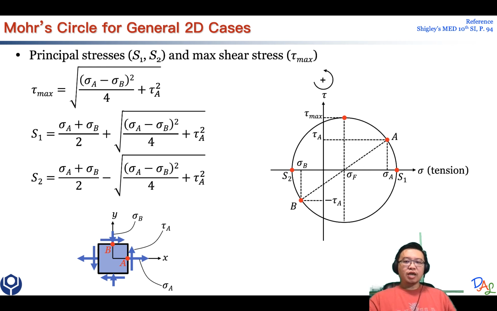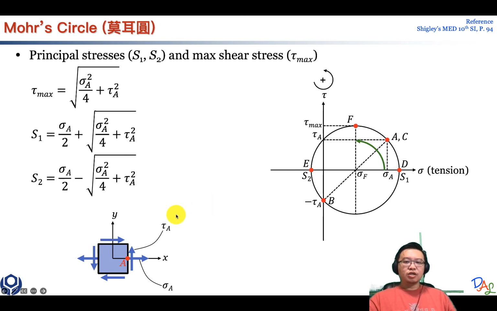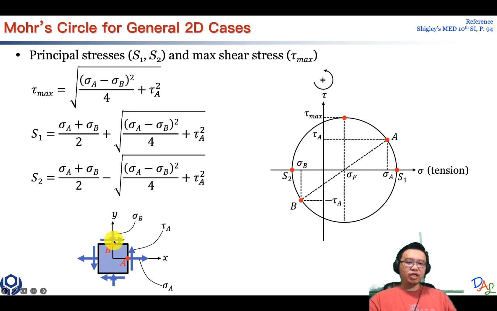Okay, and here is another example, because in the previous example we didn't have normal stress along the y-axis. So in a more general case, let's say we have some compression stress, sigma B, right here.